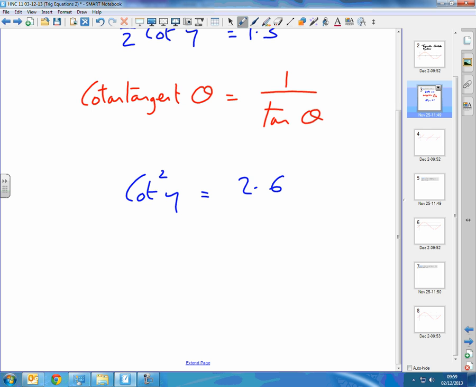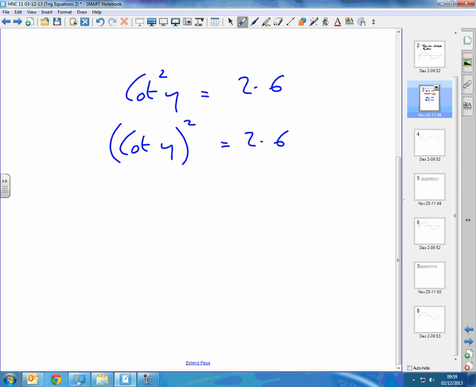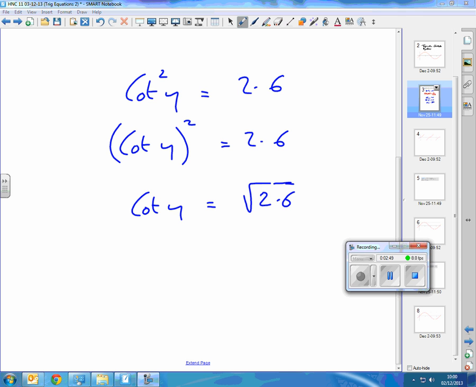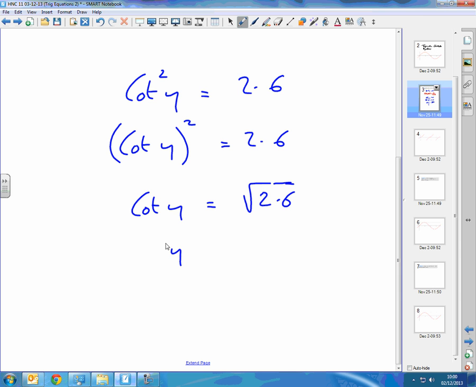So, remember, cot squared y is actually just a shorthand way of saying the cot of y all squared is 2.6. So square root both sides, we get cot y is the square root of 2.6. So cot y equals plus or minus 1.61. That's to three significant figures.